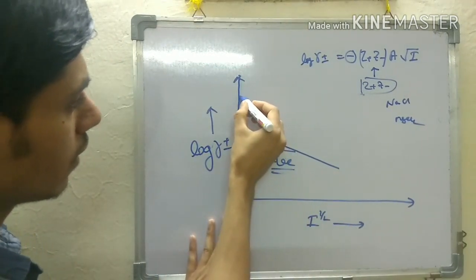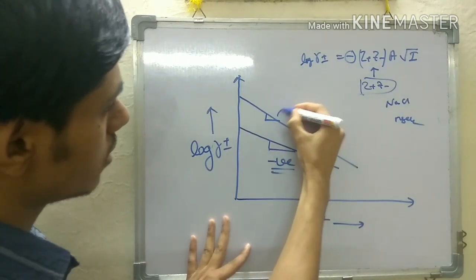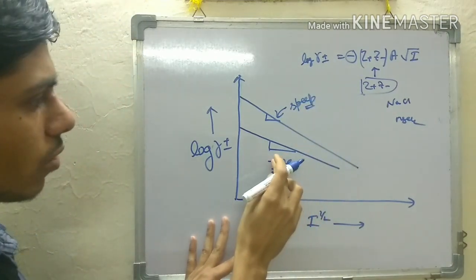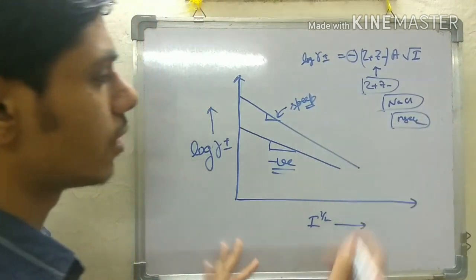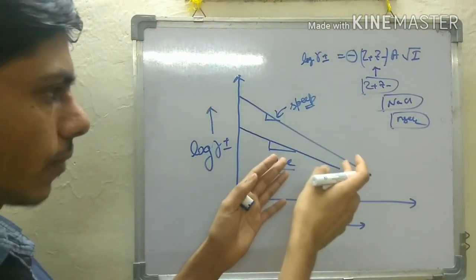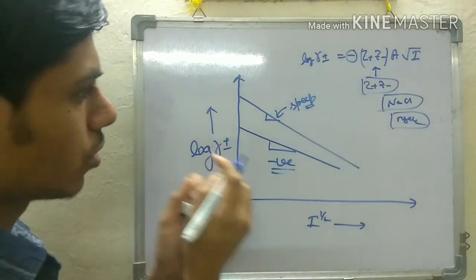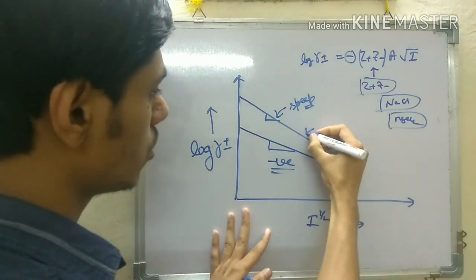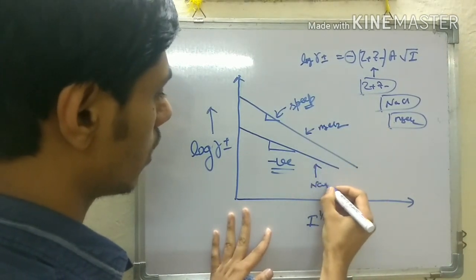So if you are given these two curves, you can see this one is steeper than the other, and you are given these two salts, NaCl and MgCl2. You have to correlate which curve is for which salt. You can say that as the slope is steeper, it will be for MgCl2, and the other will be for NaCl.